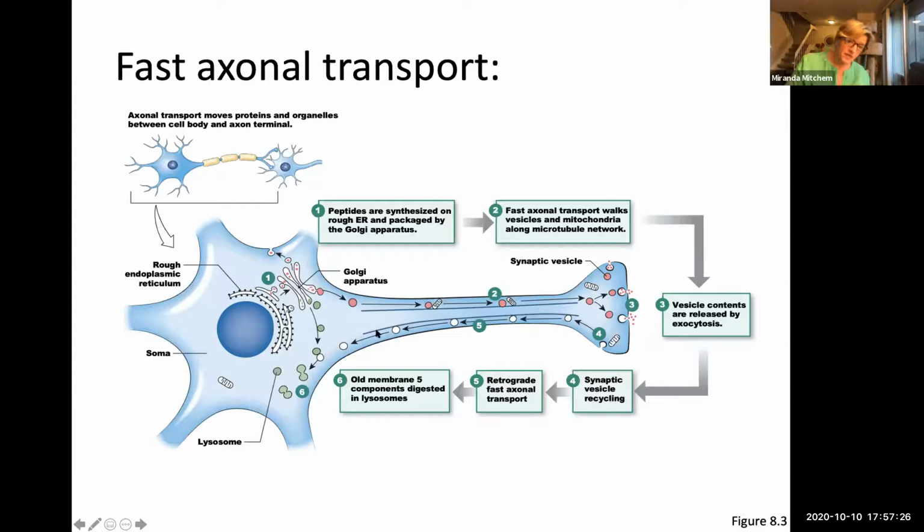So they go back down the axon, in the reverse direction, where they are either digested by lysosomes, or they can even be sent back into the Golgi apparatus so they can be packaged up and resent back out, as long as the chemical peptide here is still functional.